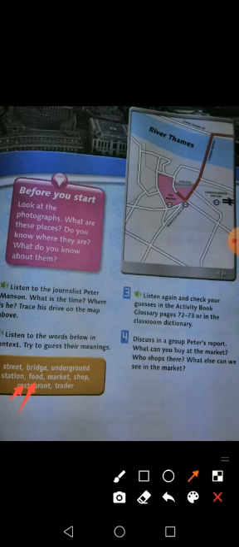I think all of you know the meaning of food. The new word here is food. Food is something that people and animals eat, okay? So let me show you the food.